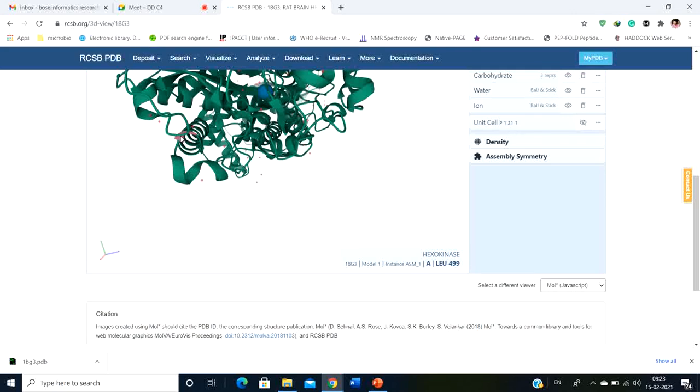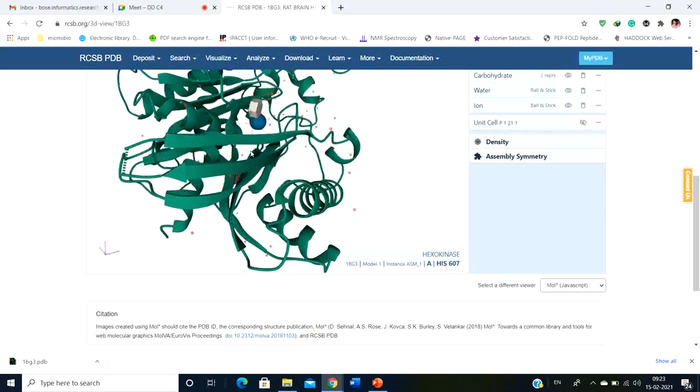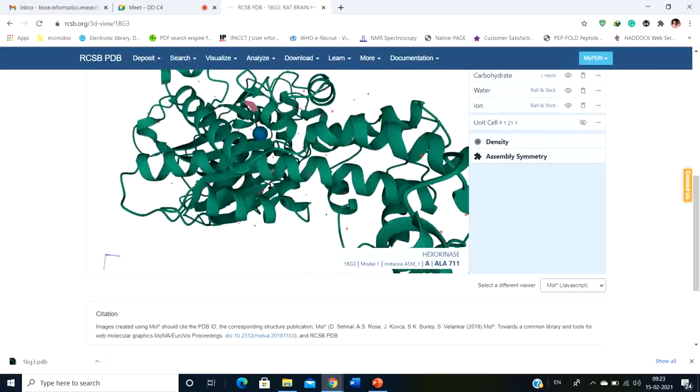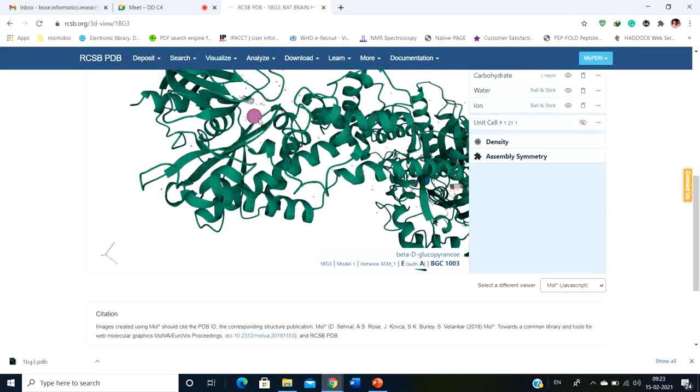Since this is almost 800 amino acids long, the rat hexokinase, if I'm not wrong, is 918 amino acids long. If you hover your pointer, you can see the amino acid number and the position. Understood.